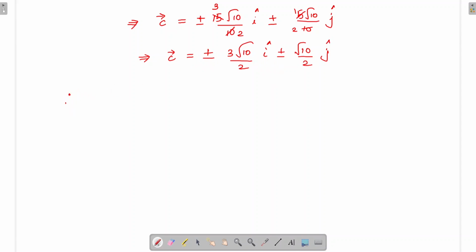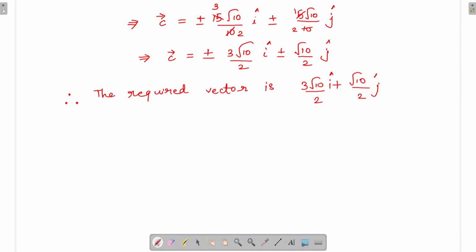Therefore the required vector, meaning the vector which is satisfying the condition of the problem, I will write the plus vector: 3 root 10 by 2 i cap plus root 10 by 2 j cap. You could have also written minus 3 root 10 by 2 i cap minus root 10 by 2 j cap. So this is the answer.